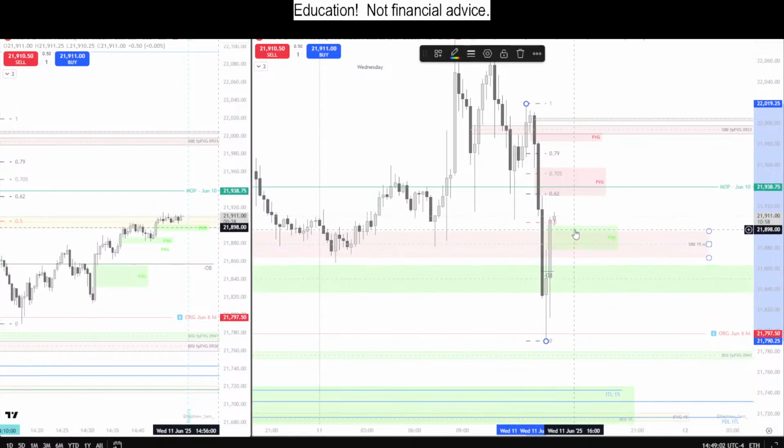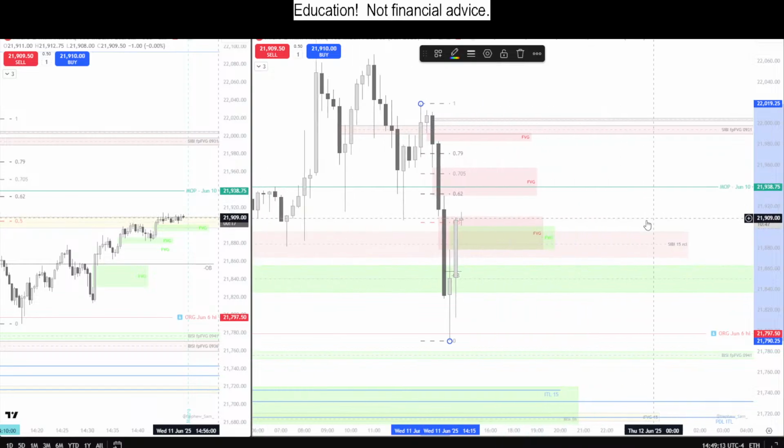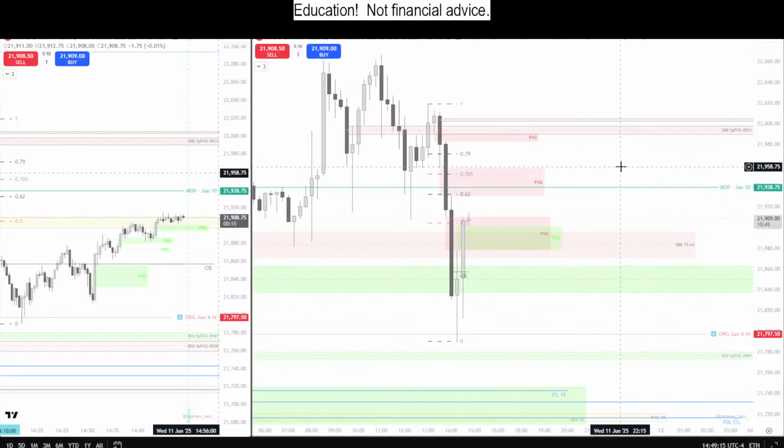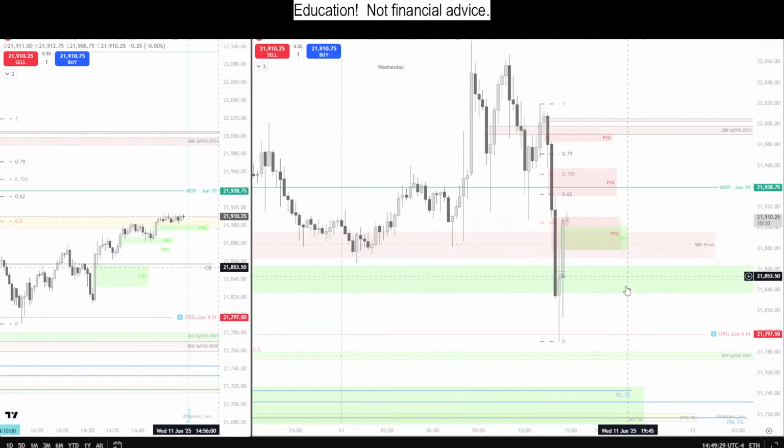That also overlaps with the equilibrium of the range. We may trace back up to here for optimal trade entry. Maybe we'll do a little bit of a wick into this SIBI here, which overlaps with the optimal trade entry.